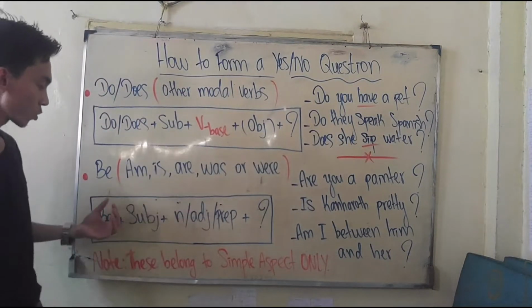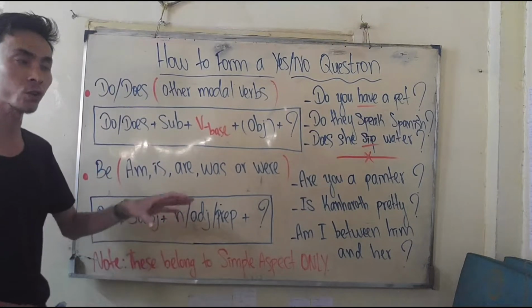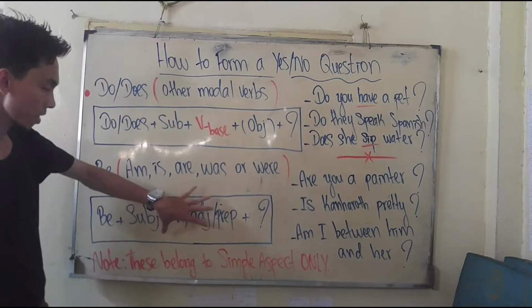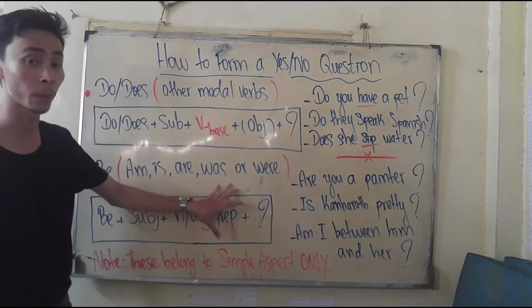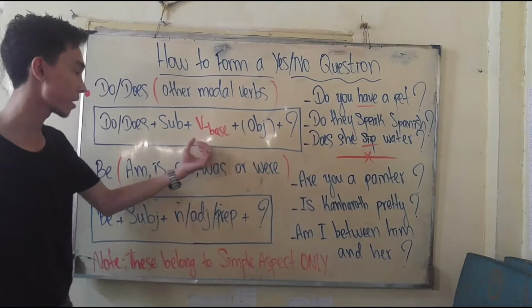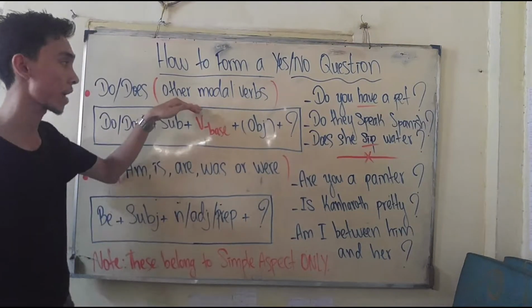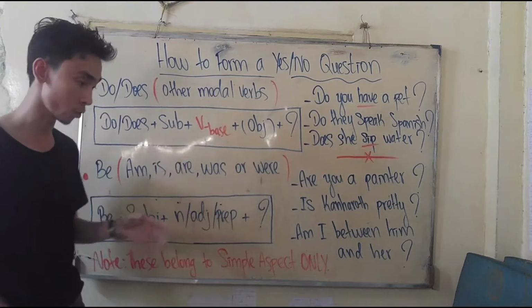At this time you begin your yes/no question with verb to be just because the word following the subject is a noun, an adjective, or a preposition. If it is a verb base, then we have to begin our yes/no question with do or does or any other modal verbs. Be clear about it.